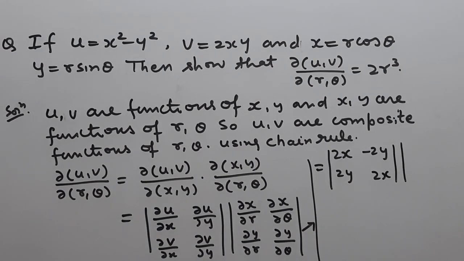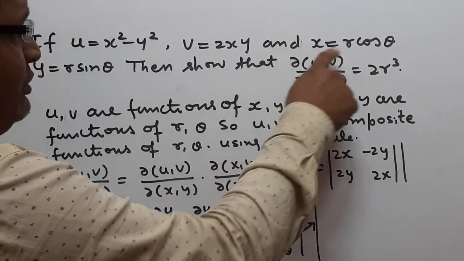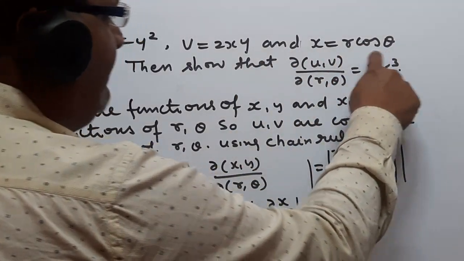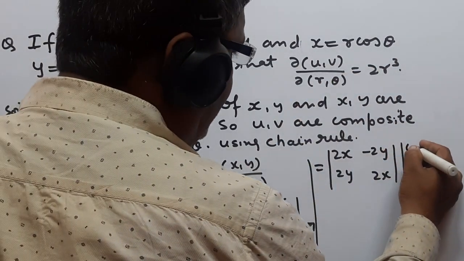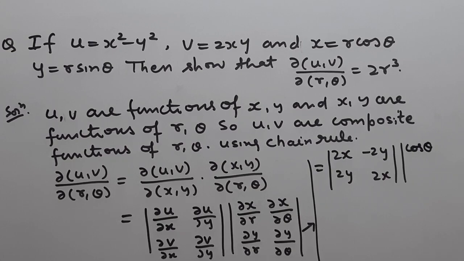Now in the second determinant, you can see this is the partial derivative of x with respect to r. So with respect to r, when we differentiate, we get cos theta, and differentiation of r with respect to r is 1 here.